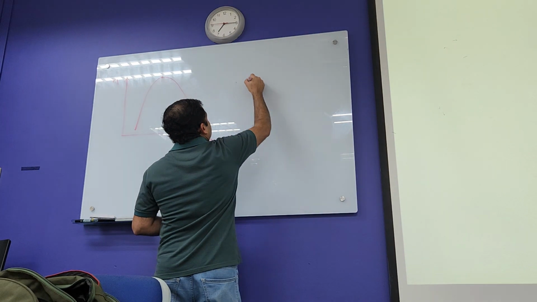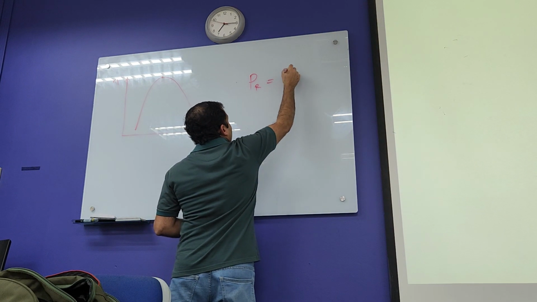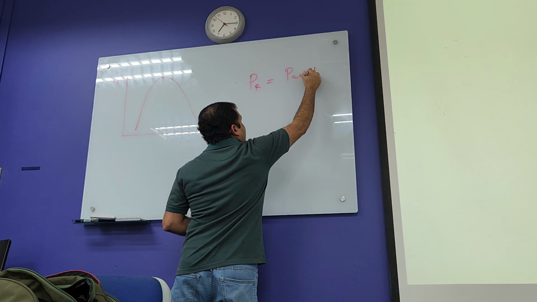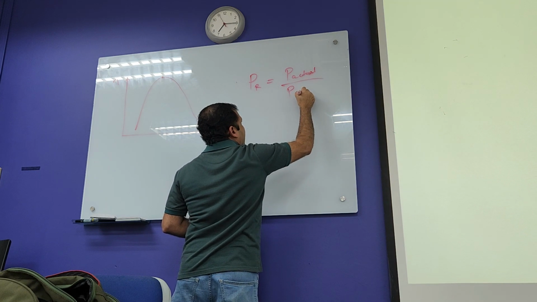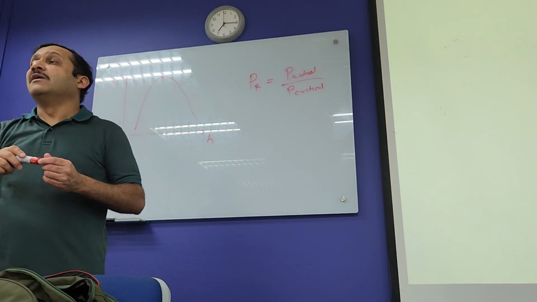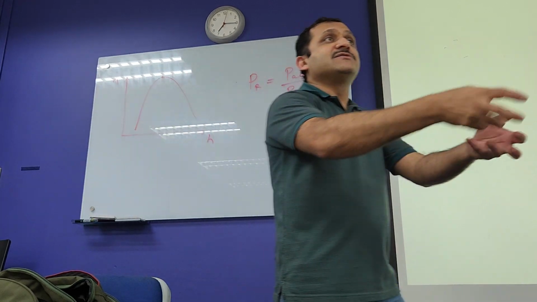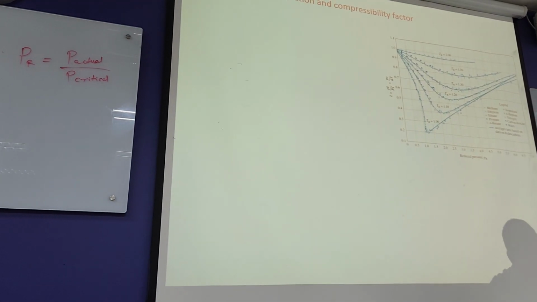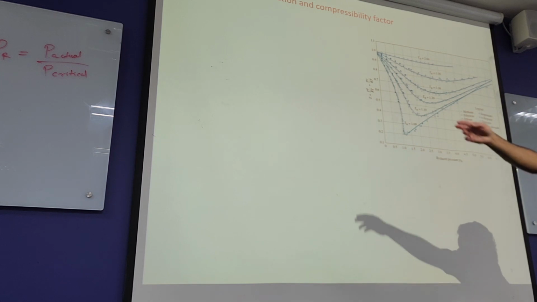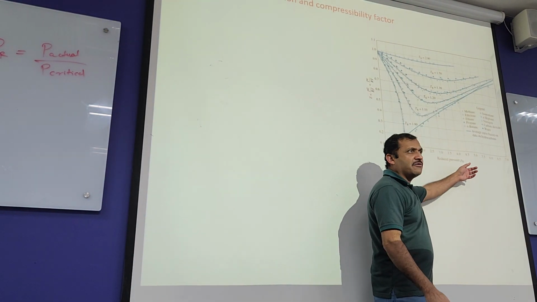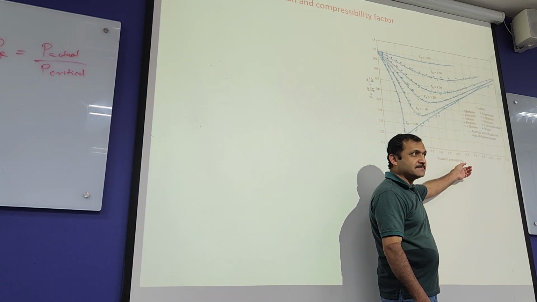So, P actual divided by P critical. What is meant by P actual? You have a gas, you have measured the pressure of that gas, that's the actual pressure. Now you take the ratio of that pressure to the critical pressure, and that becomes your reduced pressure.